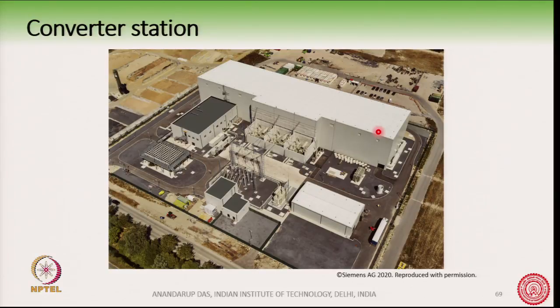Not visible here, but sometimes we can see the arm inductors from outside. Probably in this picture the arm inductors are inside the box, but sometimes they are outside, okay. And you will see that these are cylindrical shaped air core inductors.